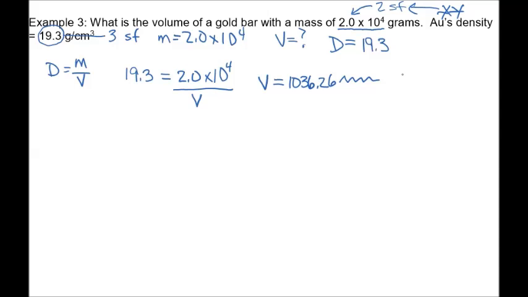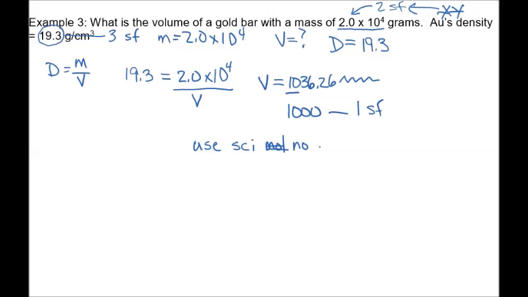But the problem is we're limited to two significant figures. Okay, fine. Let's round this to two significant figures. So the 3 means that this is going to round down. So we go, okay, we've got 1,000. Oh, that's not going to work because this only has one sig fig. We are stuck. And remember, when we are stuck, we are going to use scientific notation.